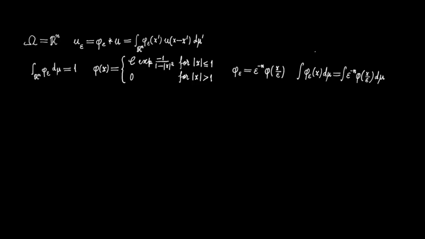Namely, we just take the new variables x prime to be x over epsilon. And so this implies that the new element of volume is just the old element of volume divided by epsilon to the nth power.